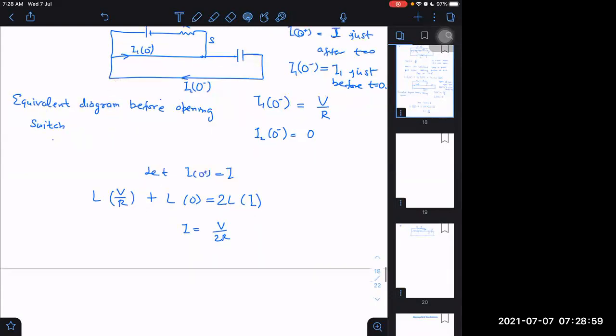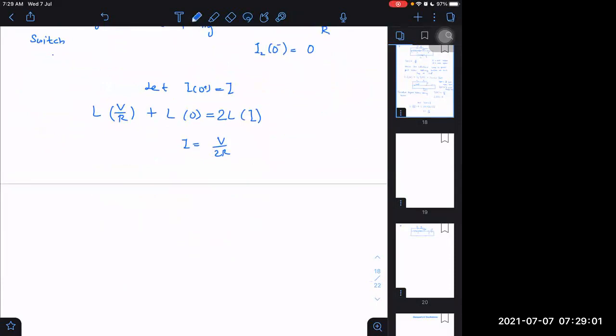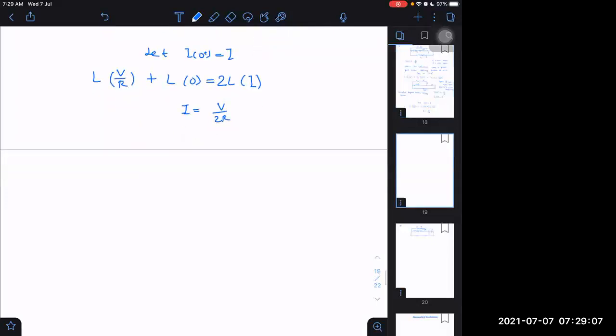Next, we wrote this equation of conservation of flux, and I got I just after as V by 2R. Remember now, an important point here. There will be sudden losses during collisions.